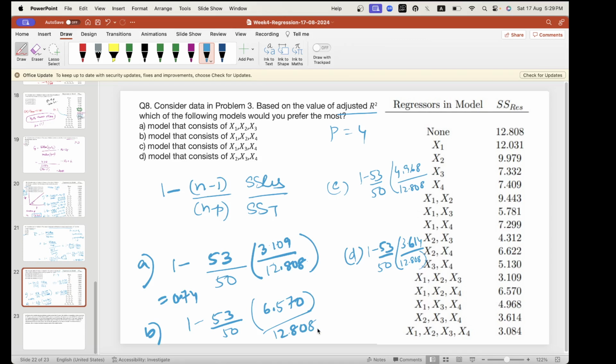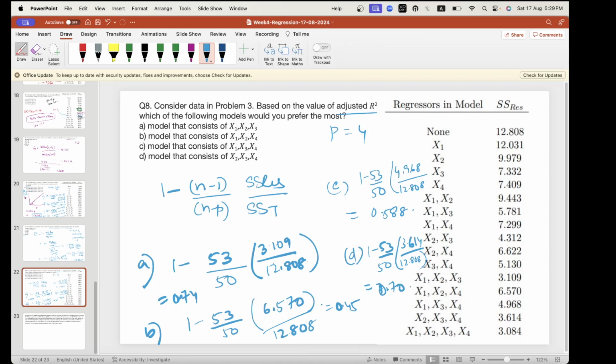So this is 0.45. Third one is 4.968. So this is actually 0.588, and D is 3.614. So this is 0.70.